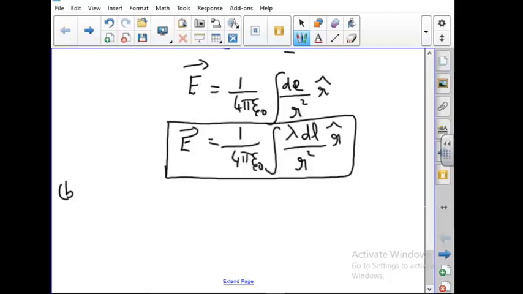Similarly, we can calculate for uniformly distributed area and uniformly distributed volume also. So if the charge is uniformly distributed over a surface area A, then for area we use the term surface charge density.